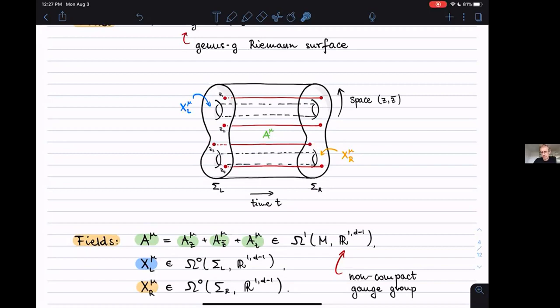Nima. Hey, I just have a quick question. I think you may have answered it already, but can you consider a more general cobordism between two different manifolds on the left and the right? Presumably you can, yes. Do you have a picture for how you might interpret that?